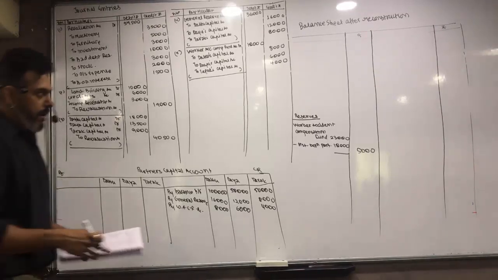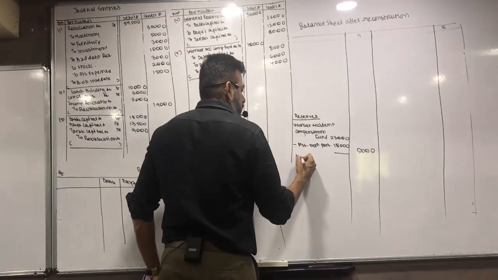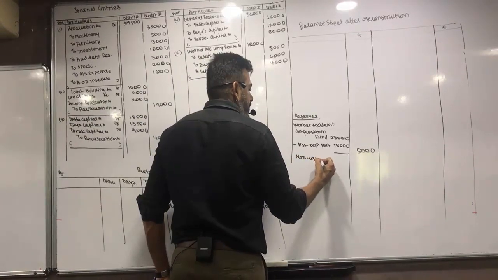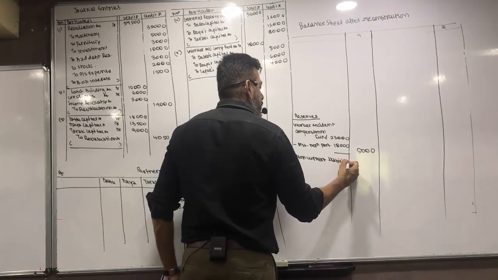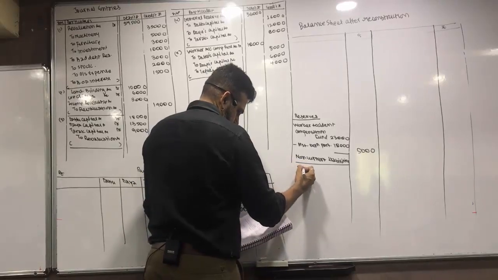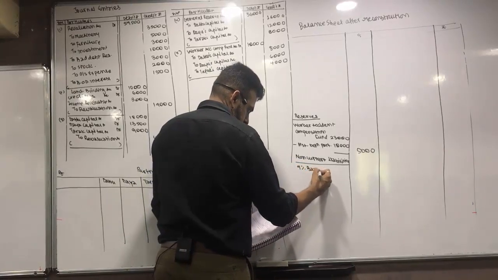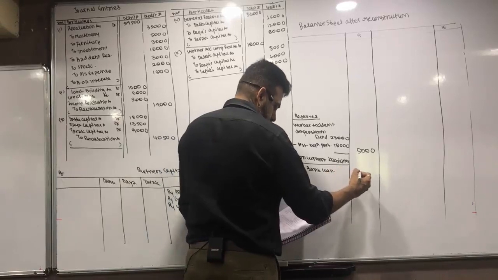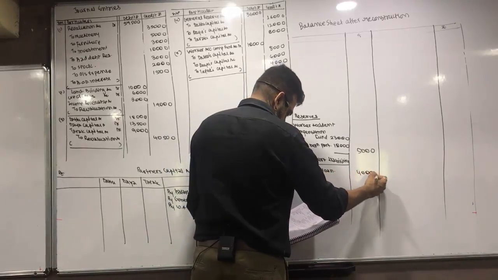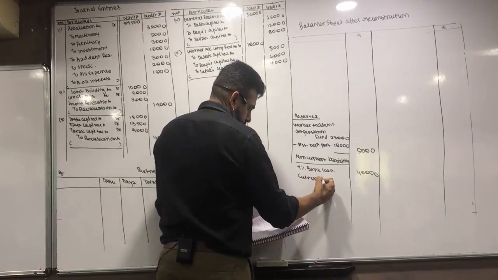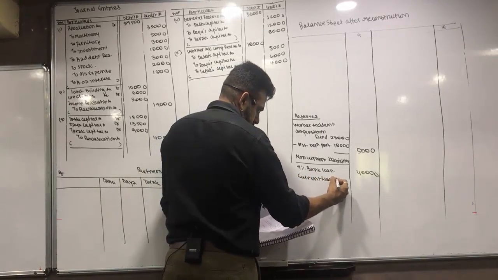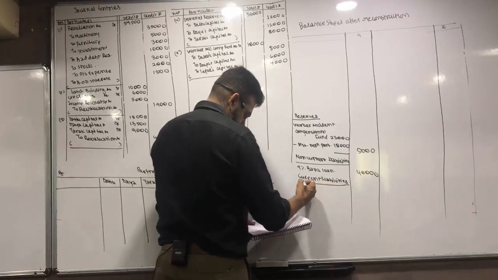9% bank loan as it is, non-current liabilities, 40,000. Current liabilities. Now there are changes in it.